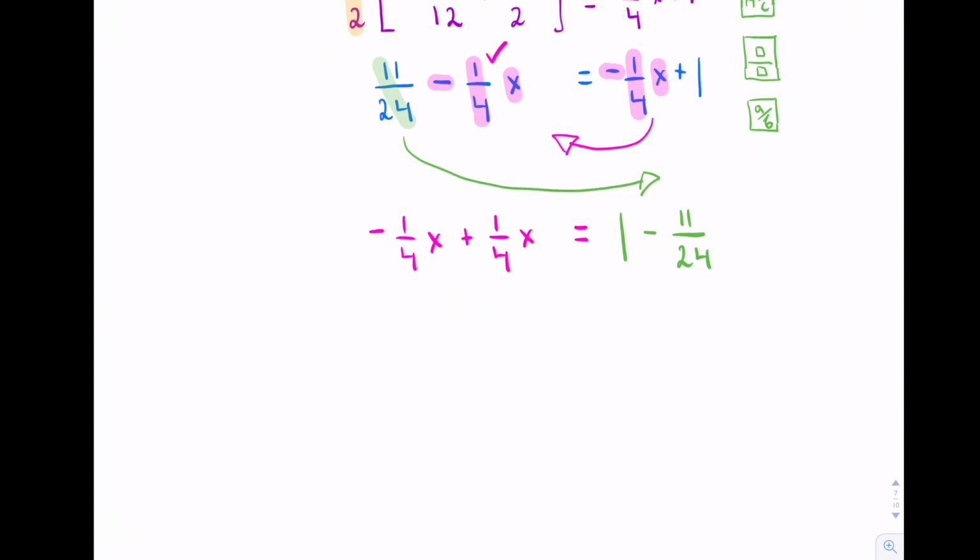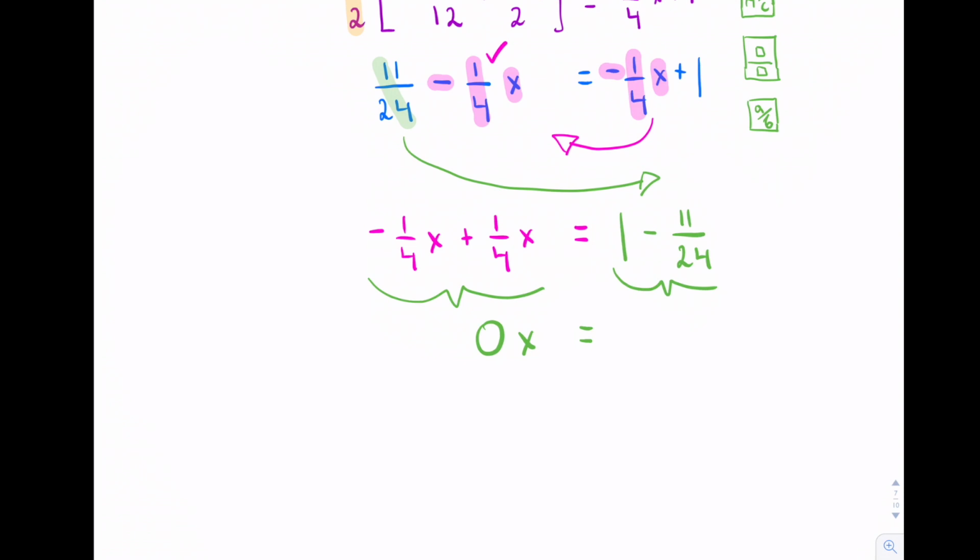Notice what happens here. If you have a negative a quarter and plus a quarter, we're actually going to get 0x here equals 2. And now you can take 1 minus 11 over 24.